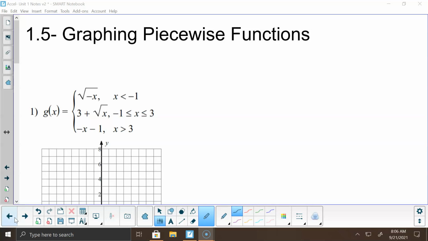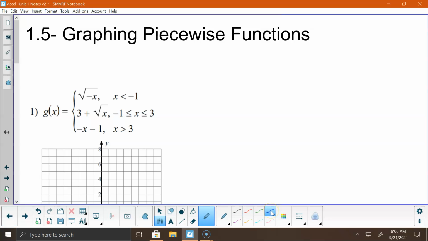All right? So, we ready for some piecewise functions? Piecewise functions, essentially Frankenstein functions. Okay? When we're looking at this, we've got this function right here for every x that is less than -1.